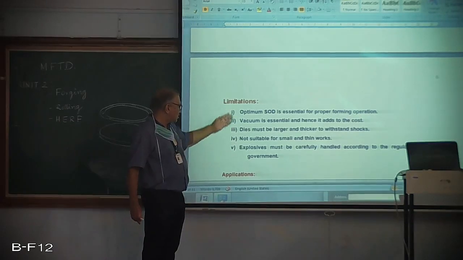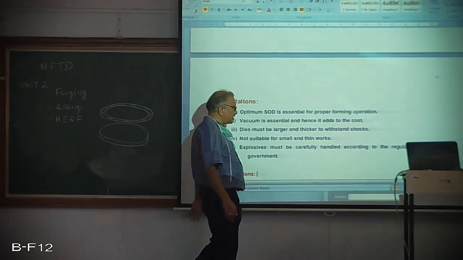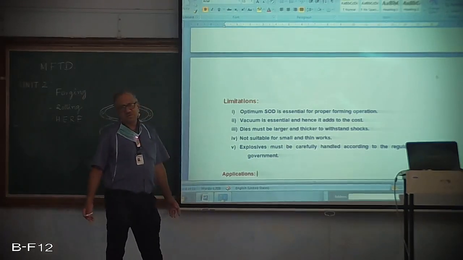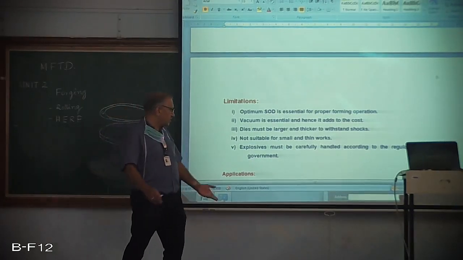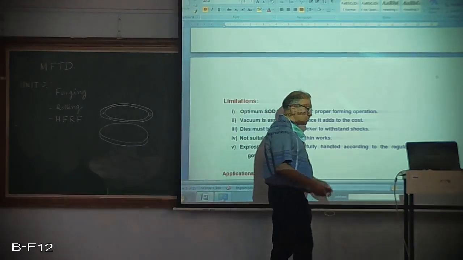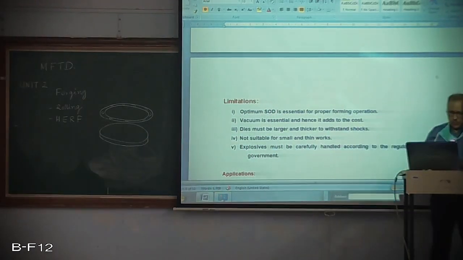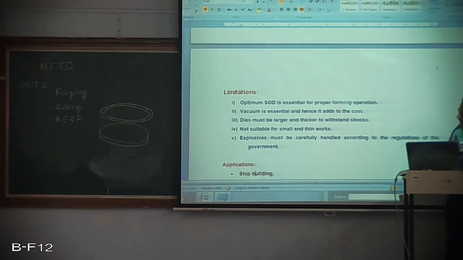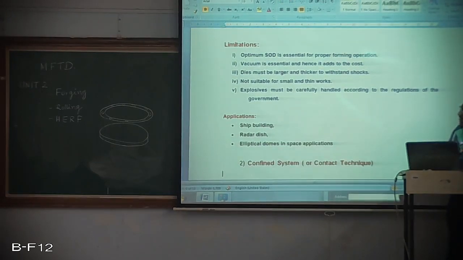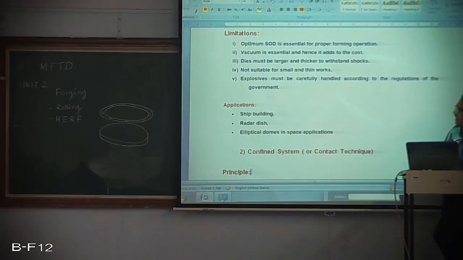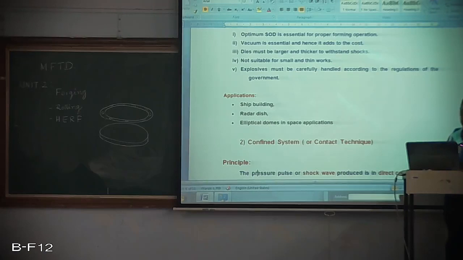And again, like everywhere else, explosives must be very carefully handled, and all the government rules and regulations regarding handling of the explosives must be adhered to without any exception. Again, applications we have seen earlier, mainly in shipbuilding, making radar discs and elliptical domes and space applications. An example could be the tip or the elliptical dome of maybe a missile or any other space system.